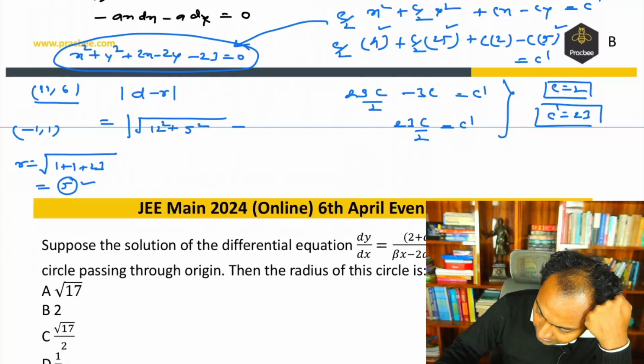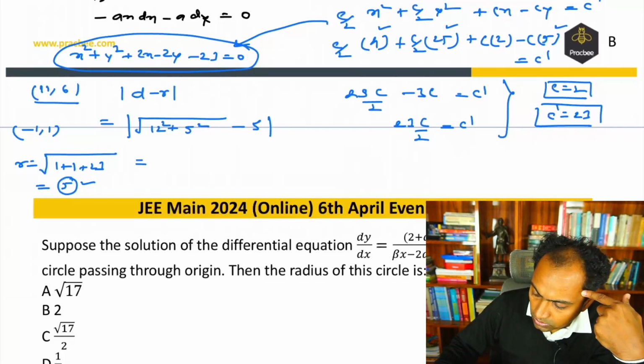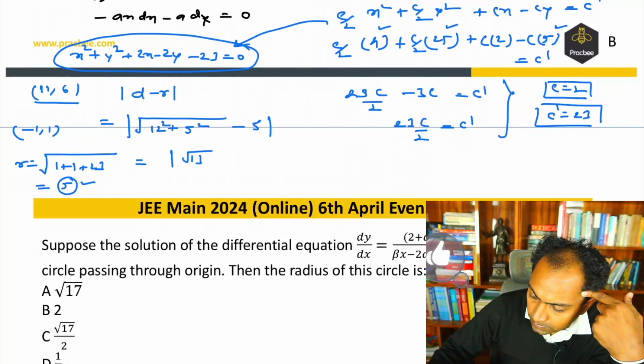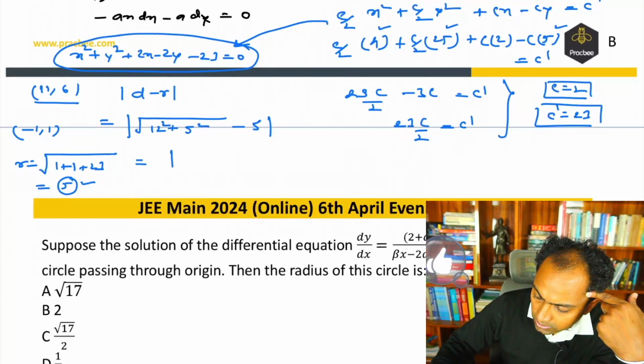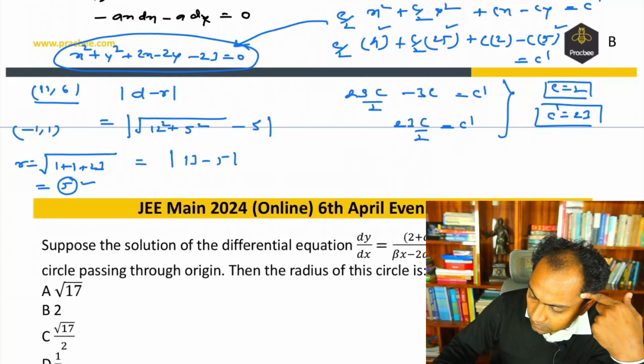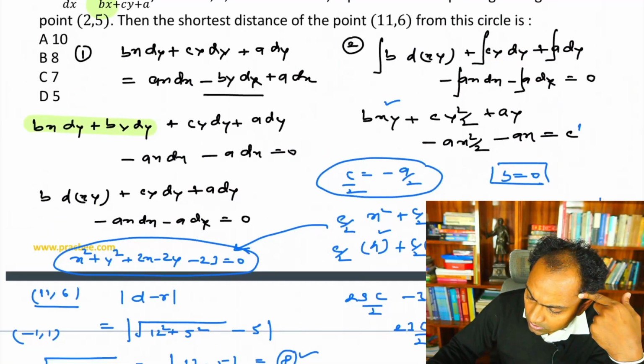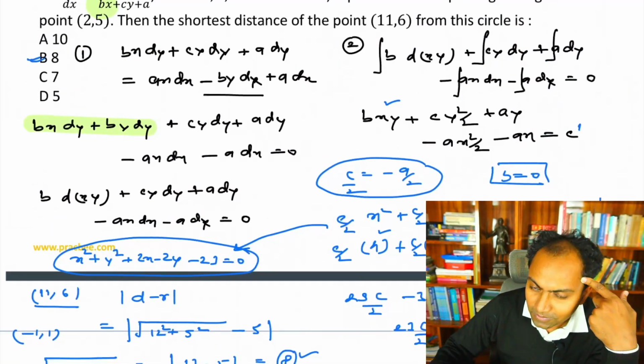This is d, and this radius is nothing but 5. So if I figure out this value comes out to be root 169, which is 13, minus 5, and as a result, if you subtract 5 from that, answer comes out to be 8. Let us check the option. You can see that B option comes out to be correct.